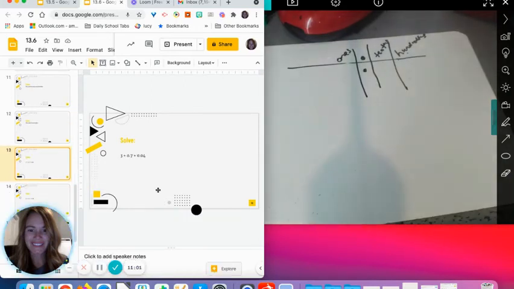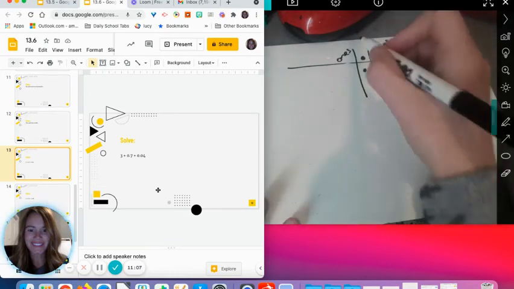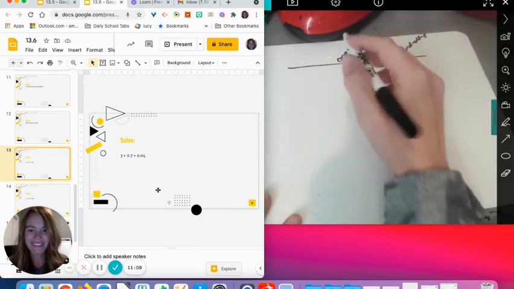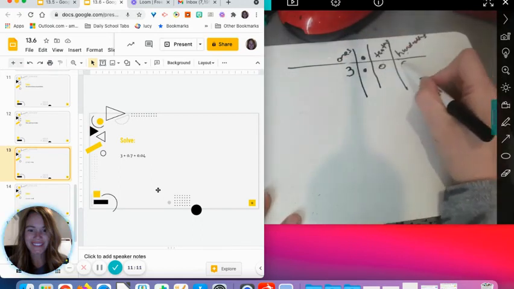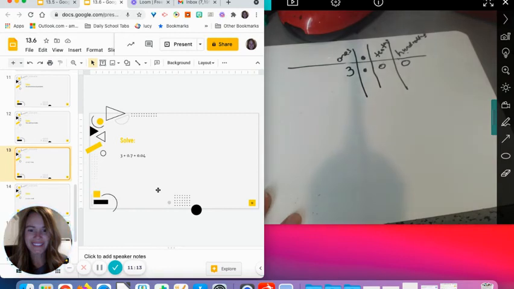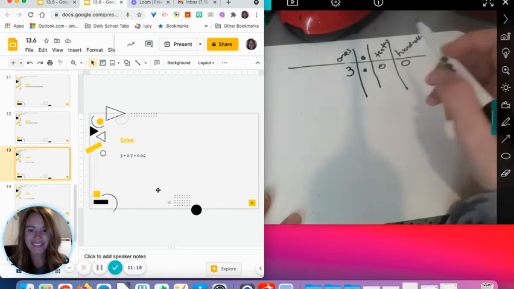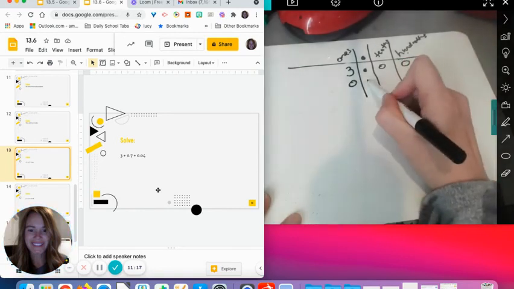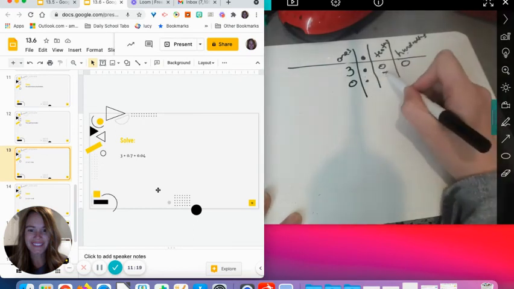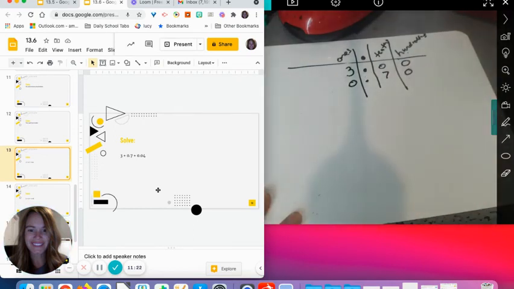This time I'm going to take my expanded form and put it together to add it up. So this time it says I have 3 wholes. I'm going to put my zeros here as placeholders to help me. I have 7/10. I'm going to put 0.7 and 400ths.